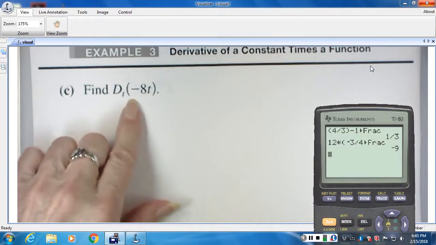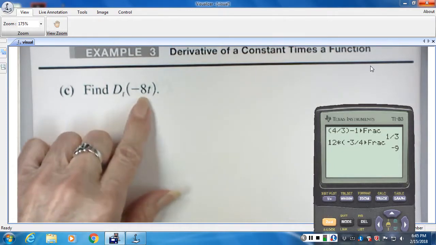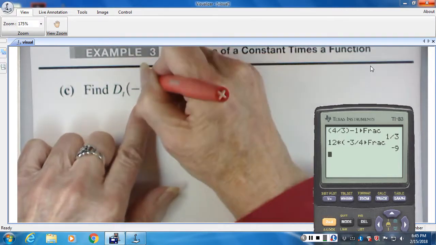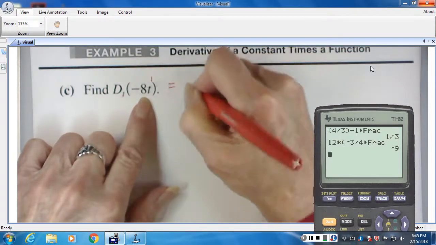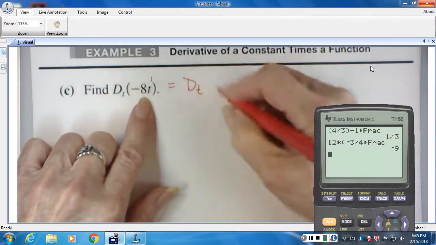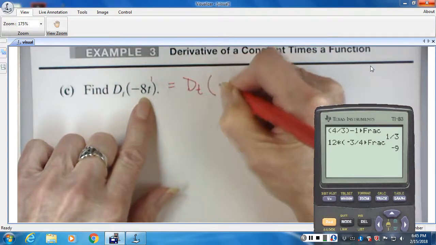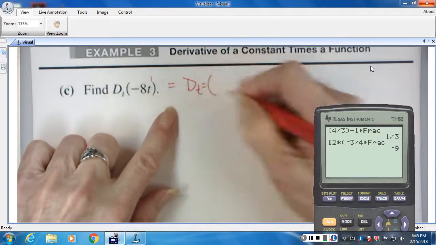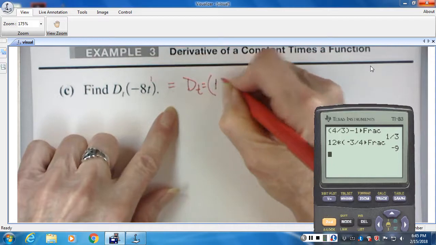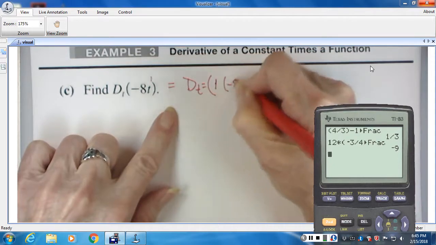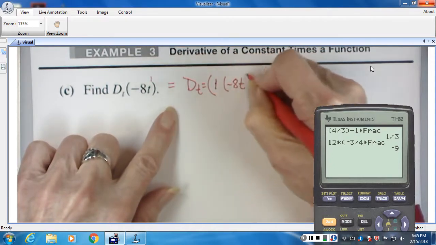The derivative with respect to t of negative 8t. What's the power on t? 1. So d with respect to t of negative 8t is 1 times negative 8t to the 1 minus 1.